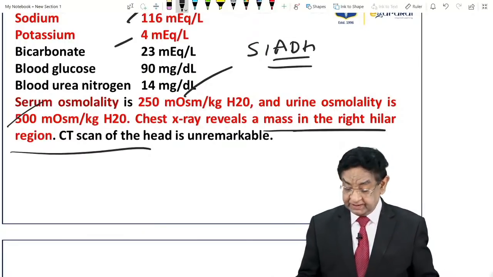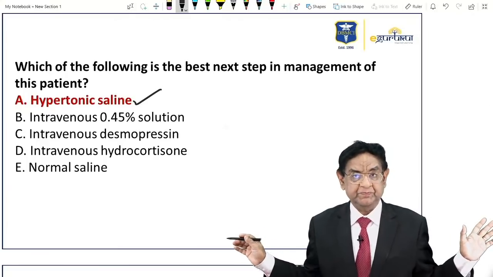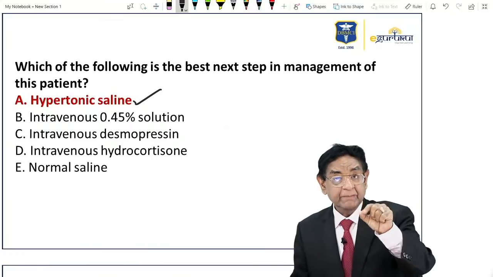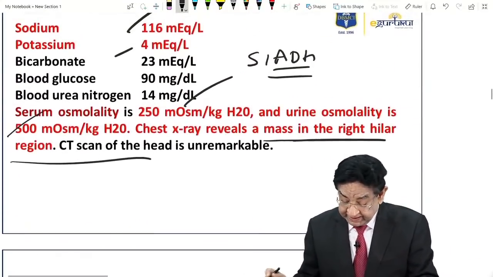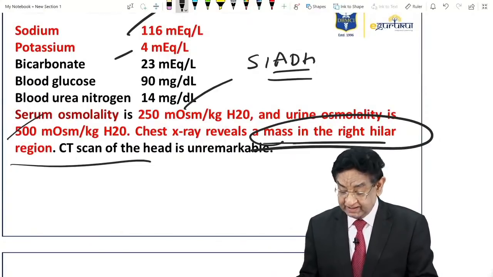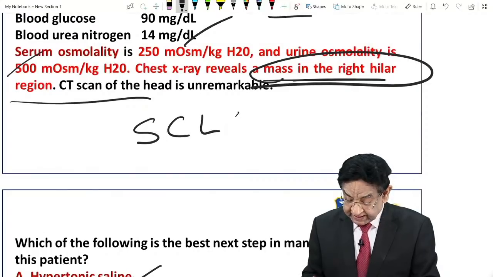Concepts are clear, and treatment will be hypertonic saline, that we understood. Why? He has hyponatremia and is confused. But what is the reason? Oh, he has a chest X-ray mass in the hilar region. What is the cause? Small cell lung cancer.